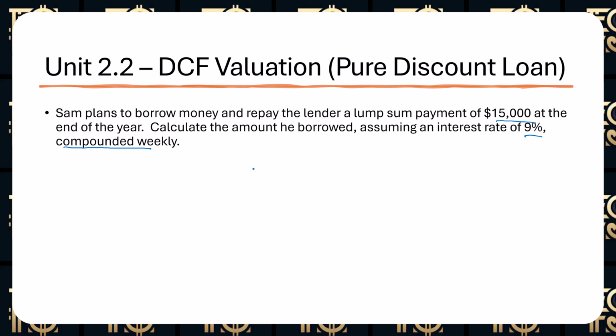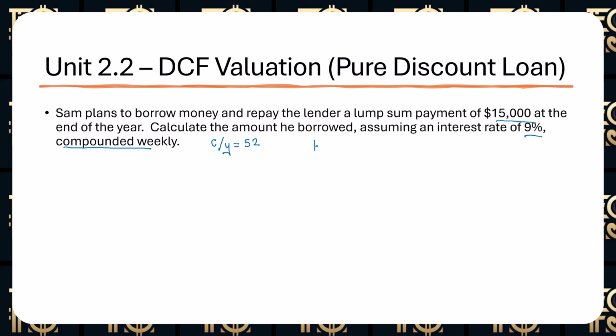In Unit 2.1, we learned how to shift a lump sum cash flow forward and backward in time, meaning we learned how to take a cash flow today and send it to anywhere on the timeline in the future, and we learned how to take a cash flow sometime out in the future and bring it back to today. It really isn't that different from what we were doing in Unit 2.1. Now we just have multiple compounding periods per year. So in this example, our compounding periods per year, because it's weekly, is going to be 52.